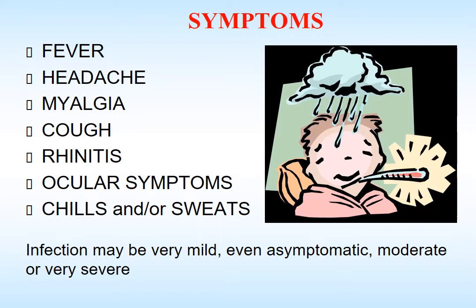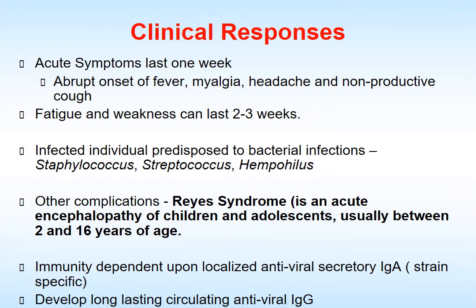Symptoms: fever, headache, myalgia, cough, rhinitis, ocular symptoms, chills and sweats. Clinical course: acute symptoms last 1 week, with abrupt onset of fever, myalgia, headache and non-productive cough. Fatigue and weakness can last 2-3 weeks.